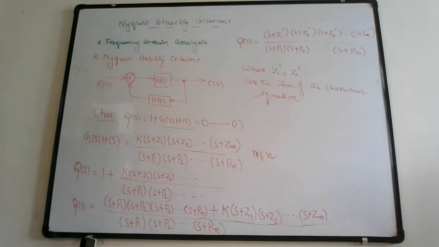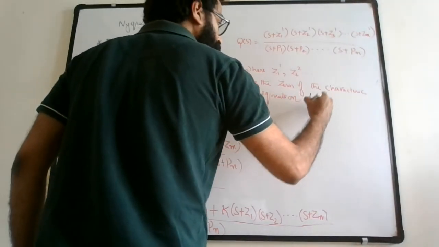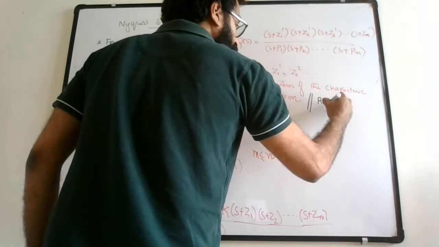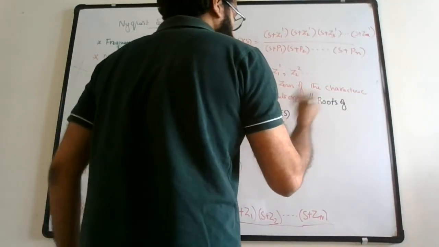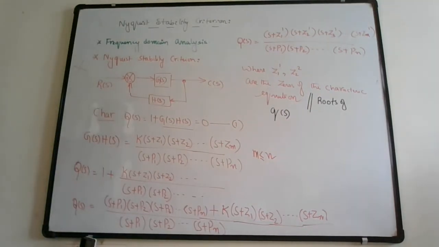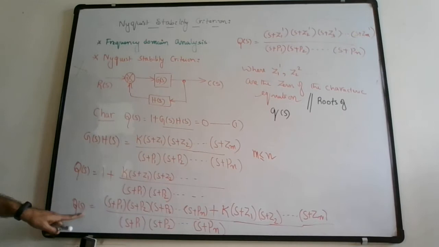Alright. So zeros of the characteristic equation are nothing but roots of Q of s. Correct. Why would you say roots of the characteristic equation?